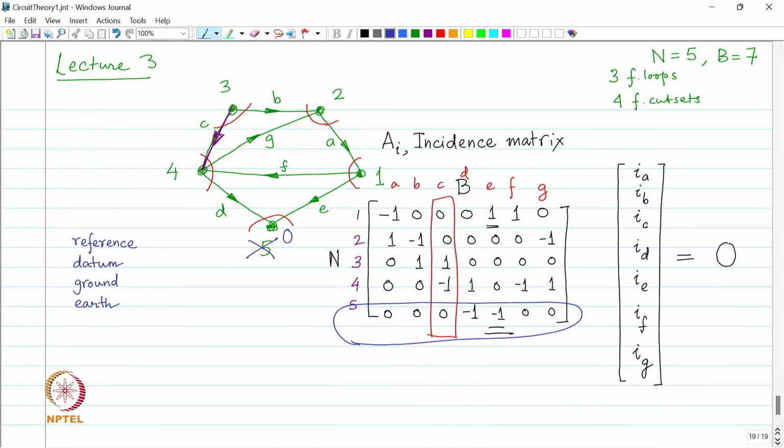All synonyms. Okay. For us, all 4 words mean the same thing.